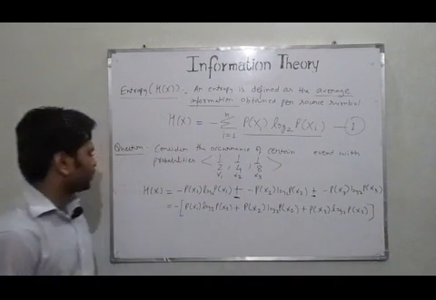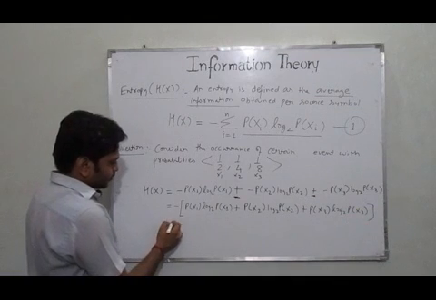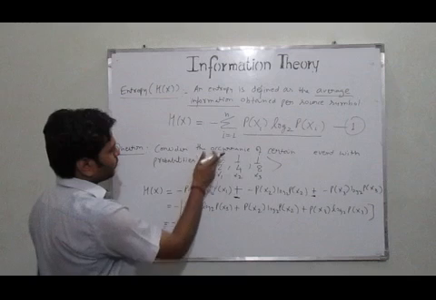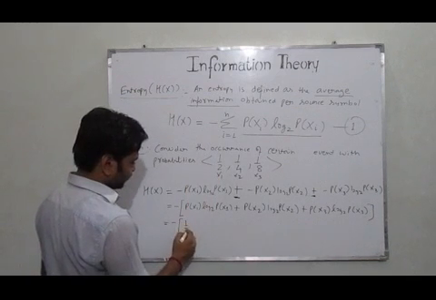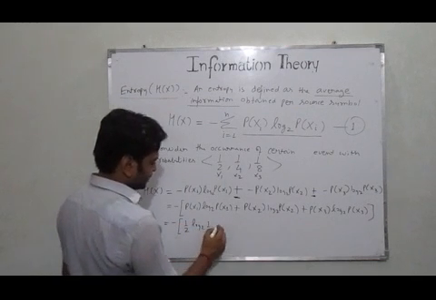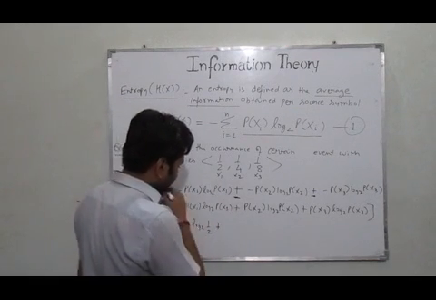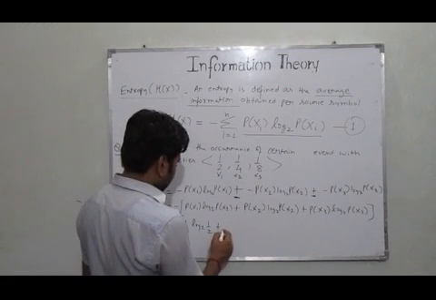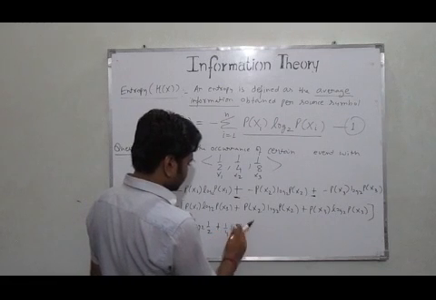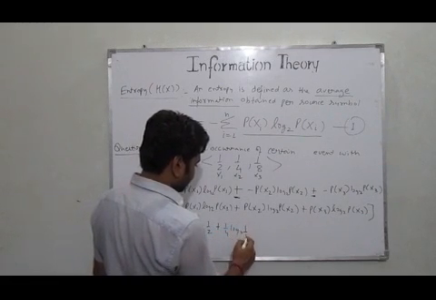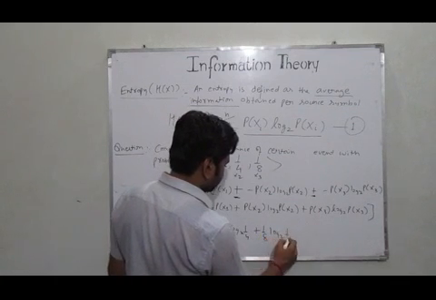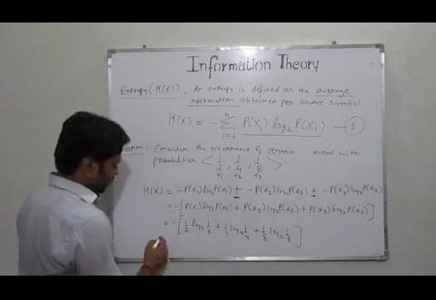a very important relation. So now I can substitute the given values. So p(x1) we have 1 by 2 log 2 1 by 2, then we have 1 by 4 log 2 1 by 4, then we have 1 by 8 log 2 1 by 8. So how can I solve this?